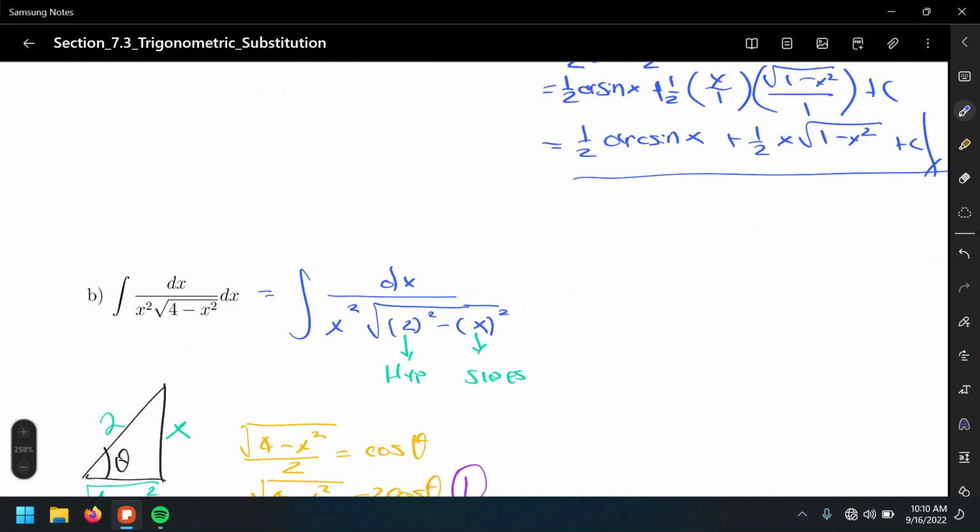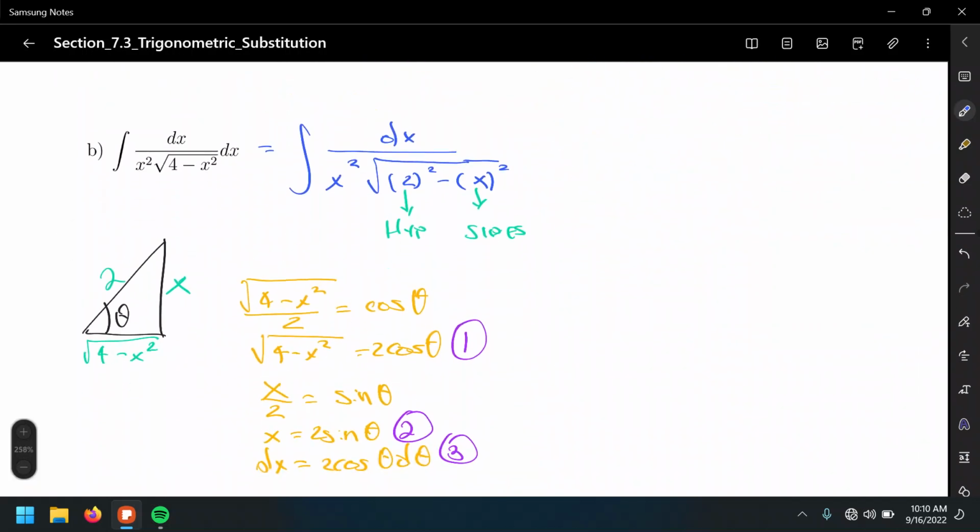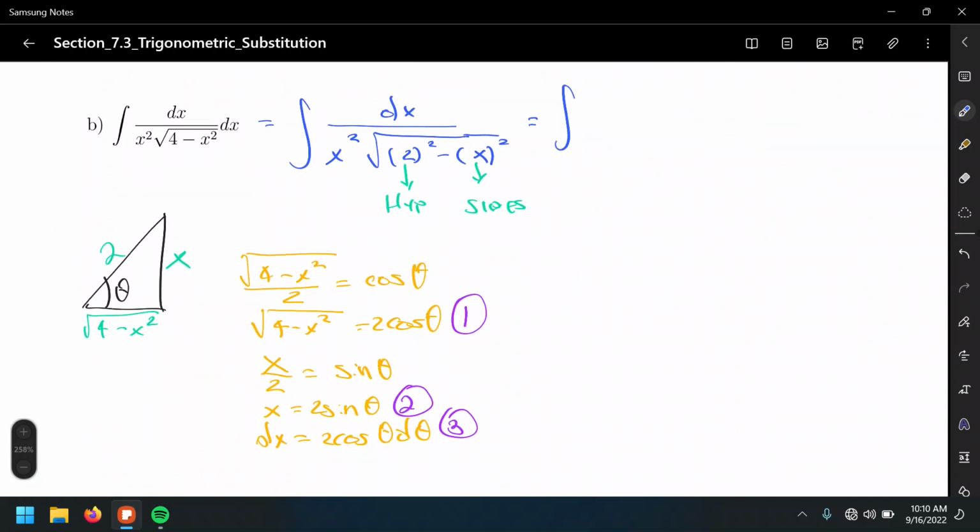So let me show you how. So number 1, this is the integral of the quantity. Okay, there's a double dx over here. So it should be only one. It's a little typo here. So just for those of you who have the PDF of the handout printed, just scratch it. Okay, so dx is 2 cosine theta d theta. All right, but what about the radical?